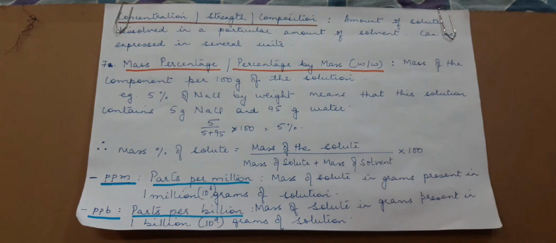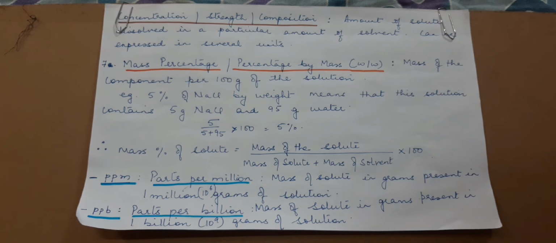So when we say, for example, concentration of sulfur dioxide in air is somewhere around, let me take 432, or it's very high actually, parts per million, that means that many grams is present in 1 million grams of the solution, air. So that is parts per million.